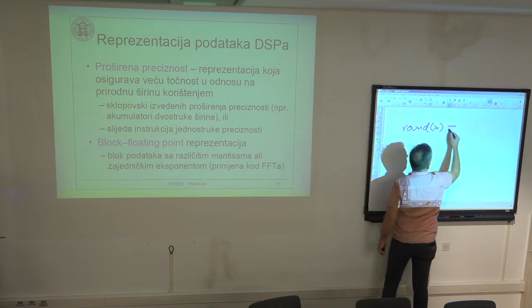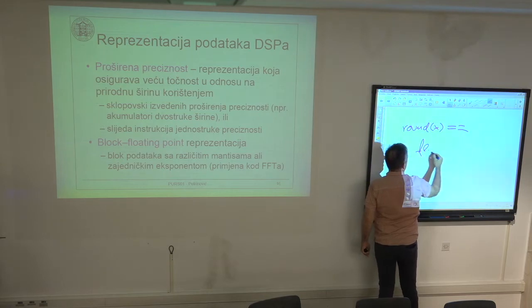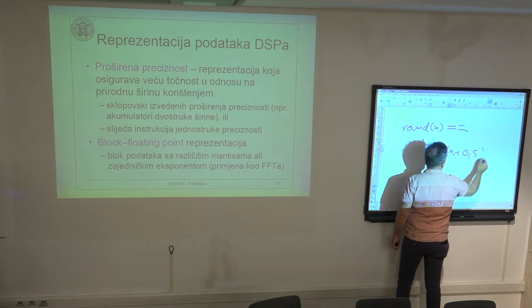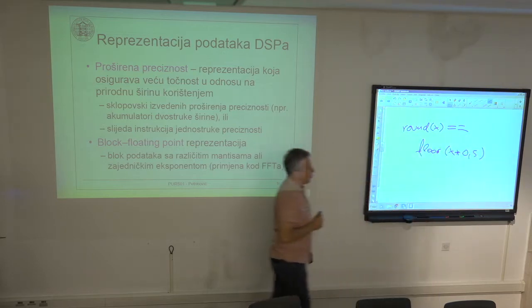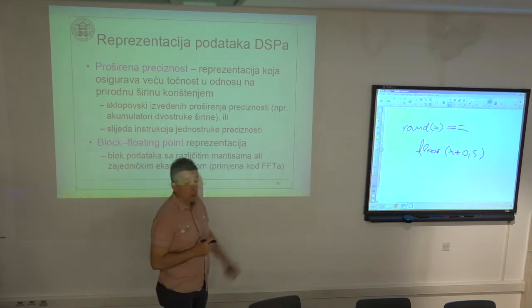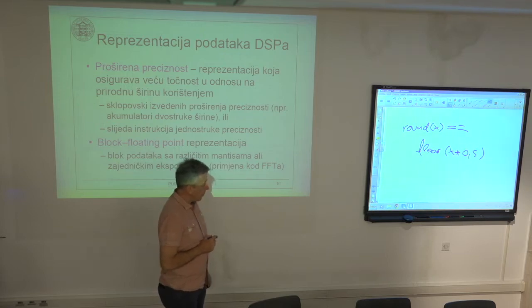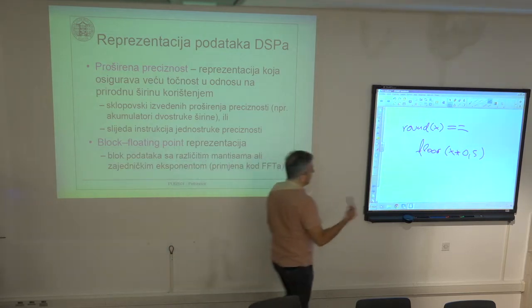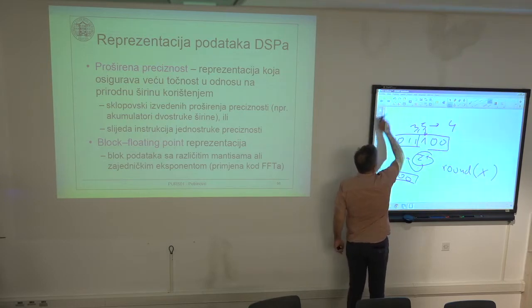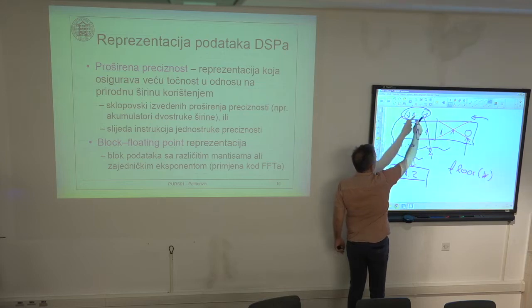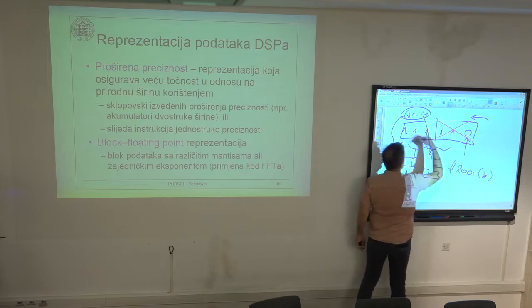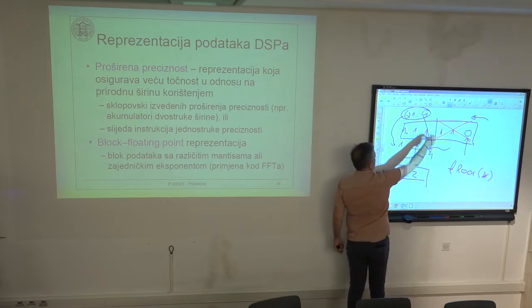Round of x is the same as floor of x plus 1/2. So if I add 1/2 to the value of x and then do the floor, it is the same as if I would round the x value. That is the simplest way this rounding can be simulated in software, in C. If you want to simulate rounding in C, you simply have to add 1/2 to this register, okay?